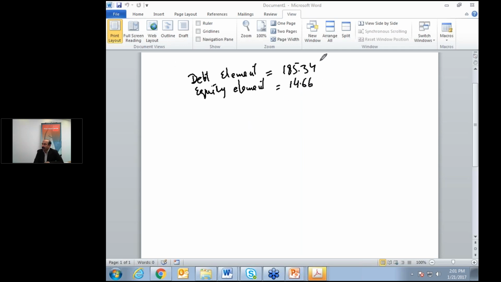Okay, so this was our first step. Next, allocation of issue cost. You can take it as a third step, because two steps are the same. We ignored the issue cost in the bifurcation of the debt element and the equity element. Now we shall be allocating the issue cost like this.